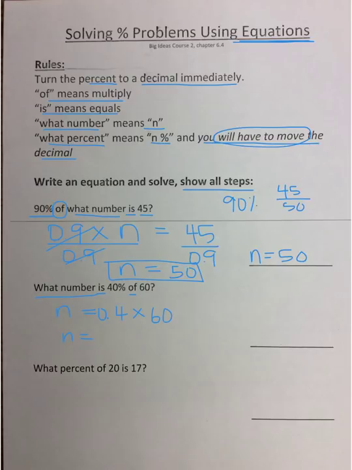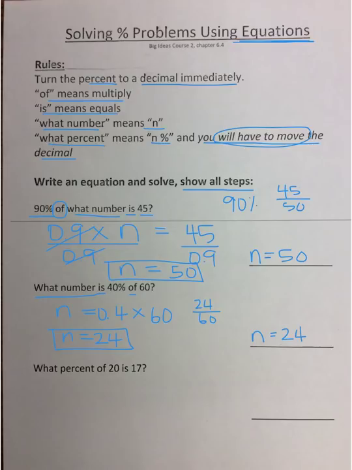You can do it on your calculator now and pause while you do it. 24 is our answer. N equals 24. Put it on the line. That means that 24 is 40% of 60. You don't ever have to write that. I'm only showing it to you so that you really understand it.